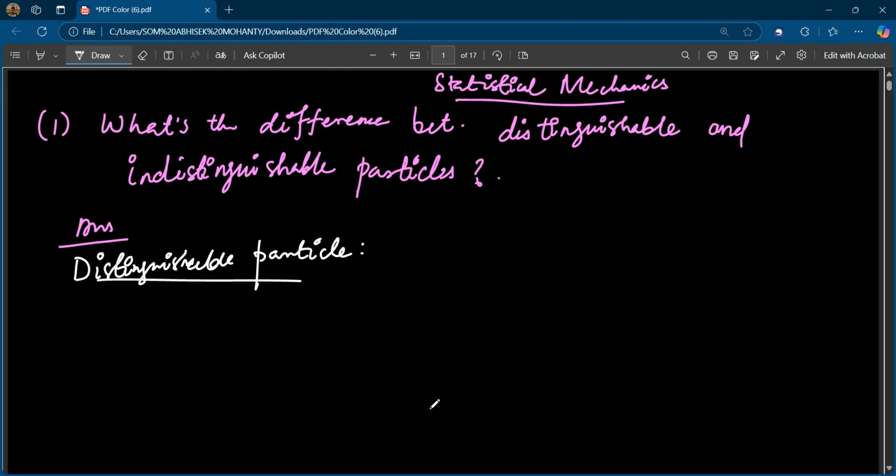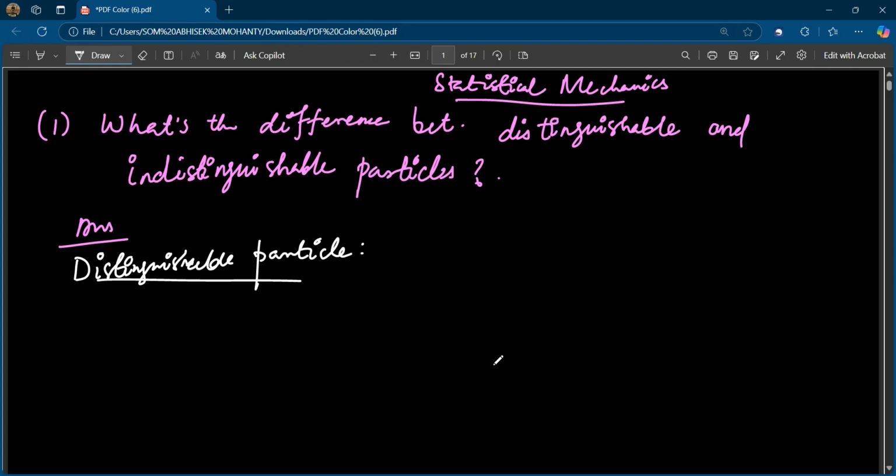That means there is no overlapping of the wave function of the particles. These are the classical particles, and they follow Maxwell-Boltzmann statistics. We can trace the movement of a particle throughout the trajectory. We can also label the particles, like the first one is A, the second one is B. You can distinguish them.